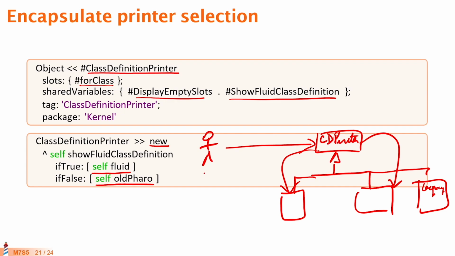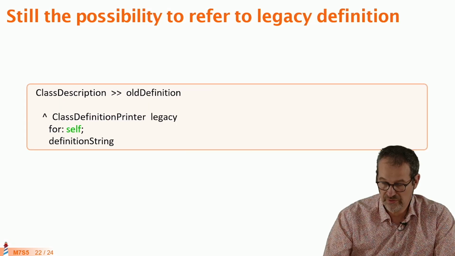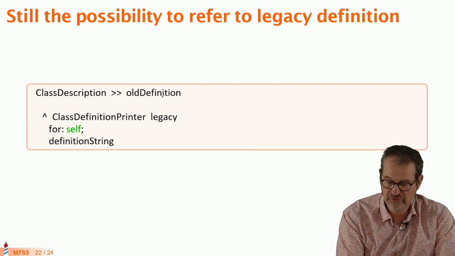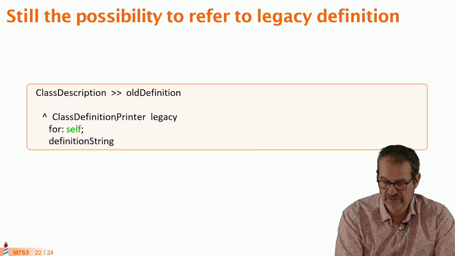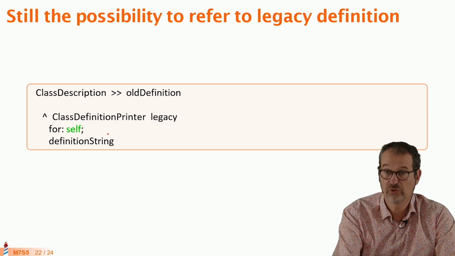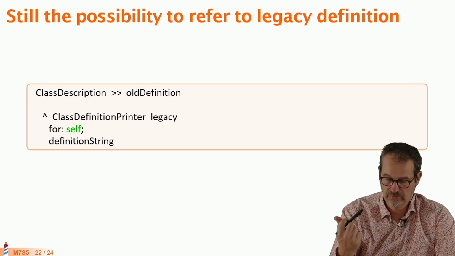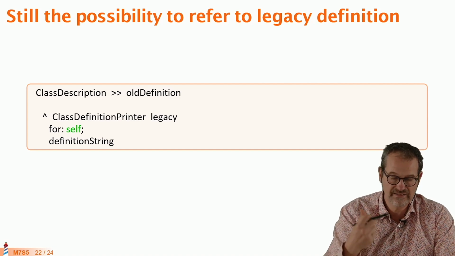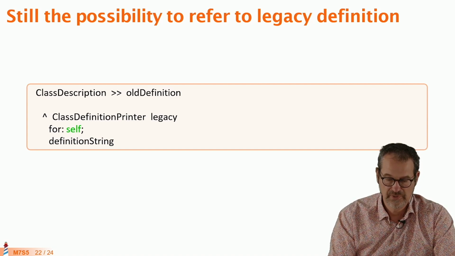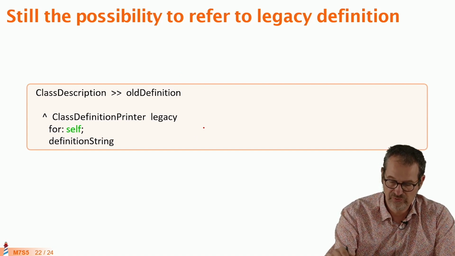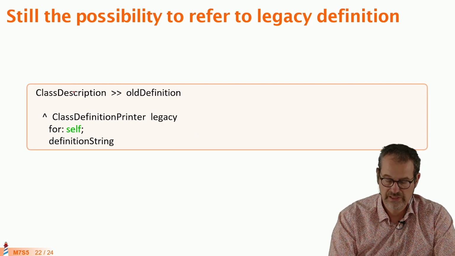And this means that I can plug or unplug, for example, I can remove the legacy if I want from the system. For example, for the old definition, I would say, okay, class definition printer legacy for self class definition string, and it will return me the definition of the class as in the old version. But this means that I can remove these methods and I have no problem.